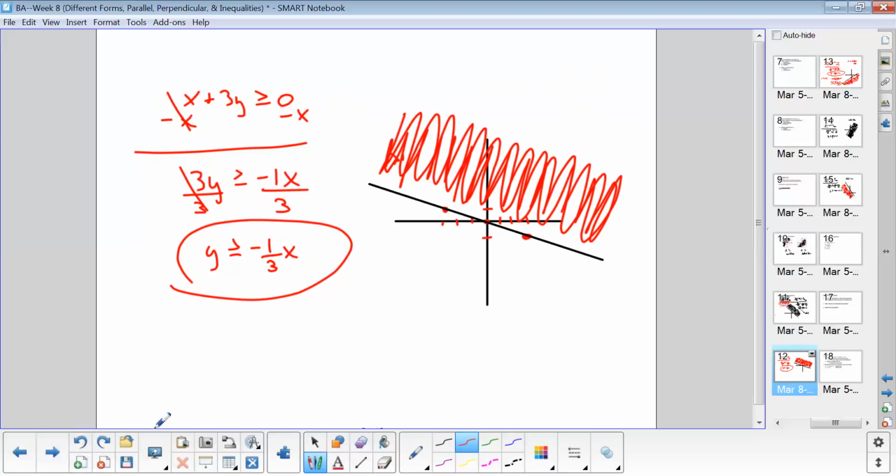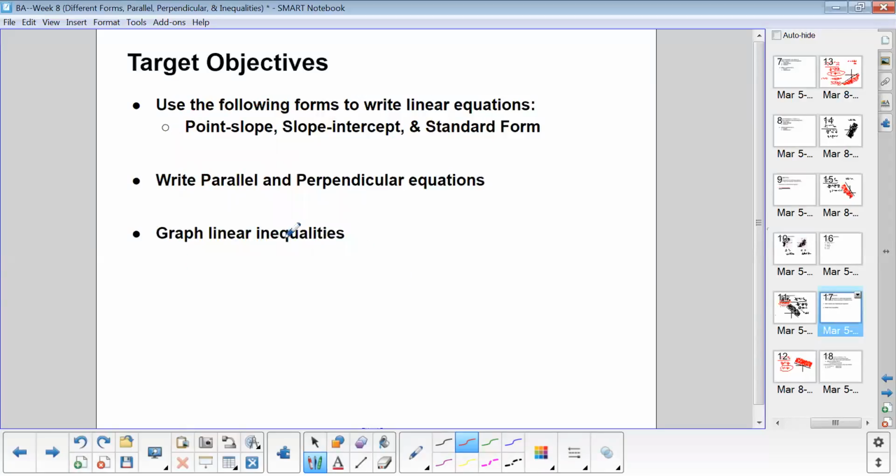So those are some more examples of graphing linear inequalities. And just remember that when we're graphing these, we want to solve for y. So put the inequality in y-intercept form.